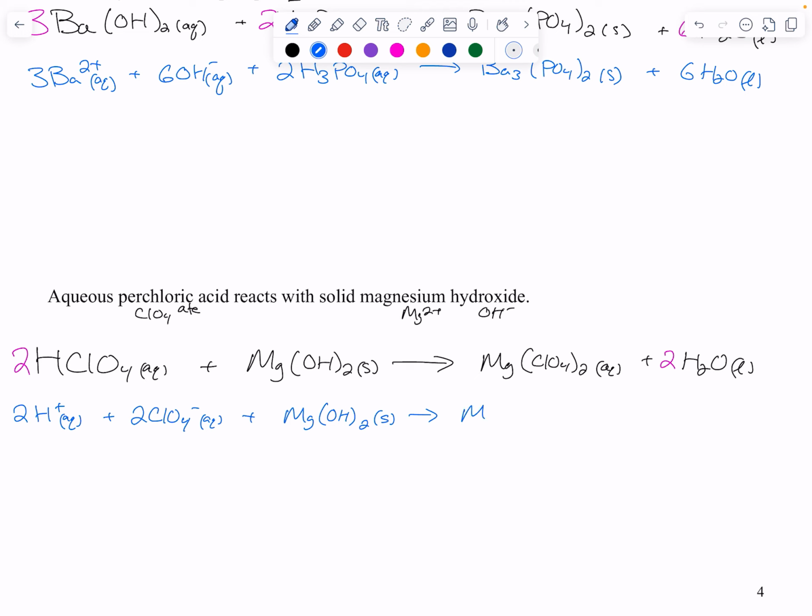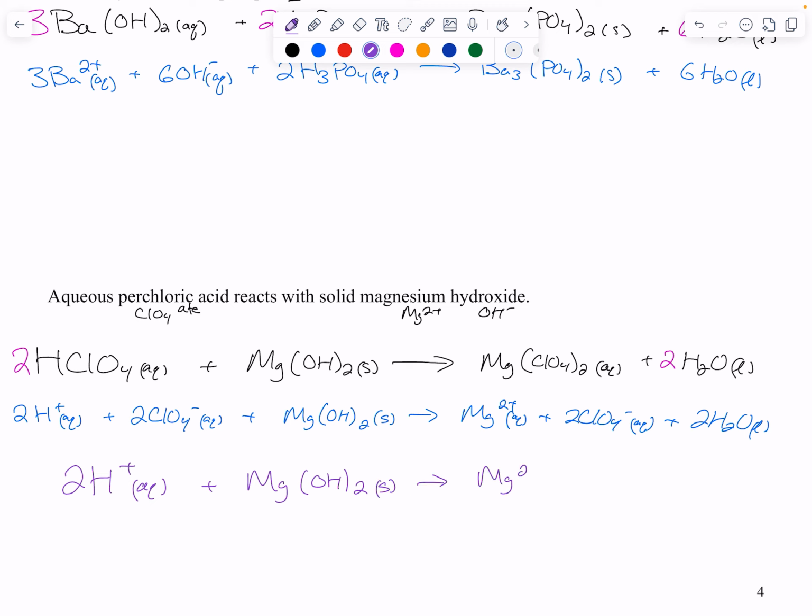This separates into Mg2+ and 2 ClO4−, and water stays together, it's a liquid. Well, I can actually cancel perchlorate out. So we get 2 H+ plus Mg(OH)2 solid, going to magnesium ion in solution, plus 2 waters.